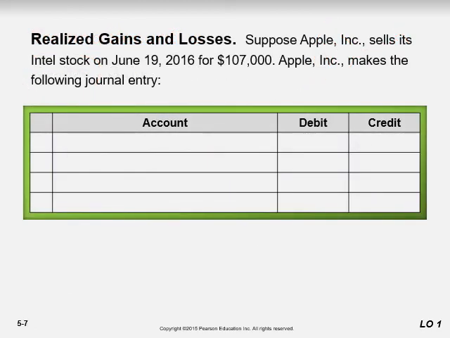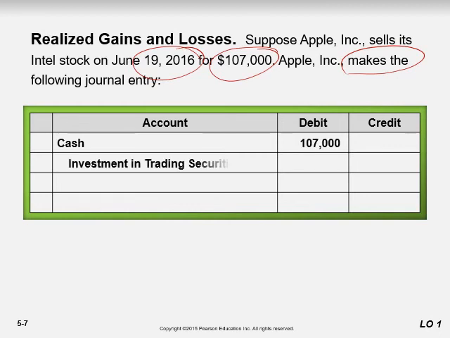See the example here. Suppose Apple Corporation sells its Intel stocks on 19/2016 for 107,000, right? Apple Incorporation makes the following entry. Because you sell it, you receive cash, right?